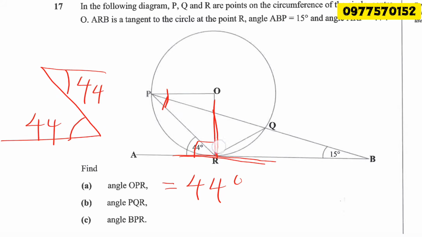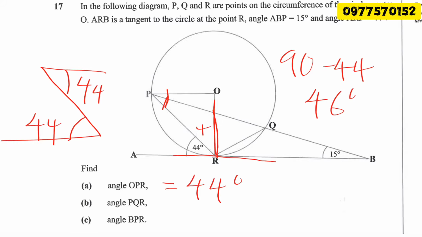And it's forming 90 degrees. So out of 90 degrees we have 44. Then what is missing? We're going to say 90 degrees minus 44, and the difference is 46. So here is 46. Now we have 46 inside and 90 inside here. What is the value of this angle?